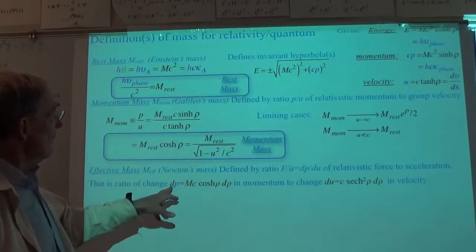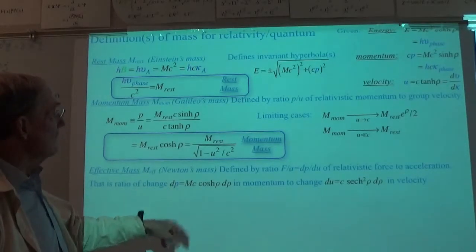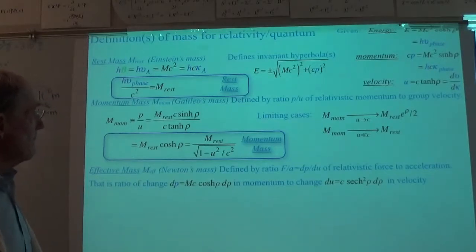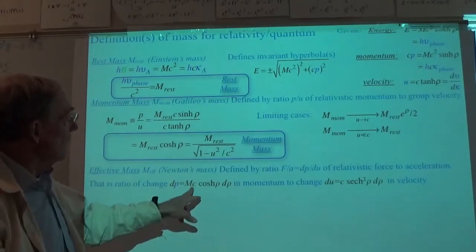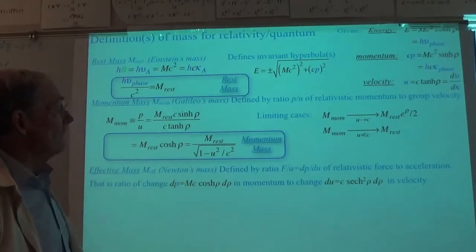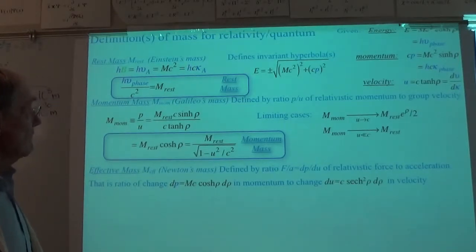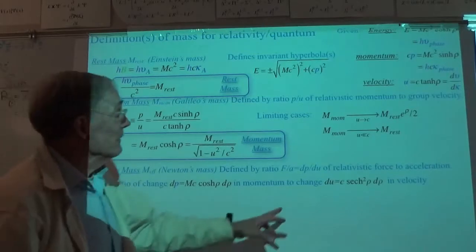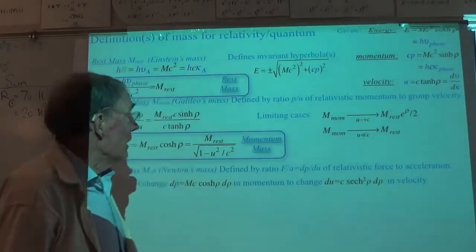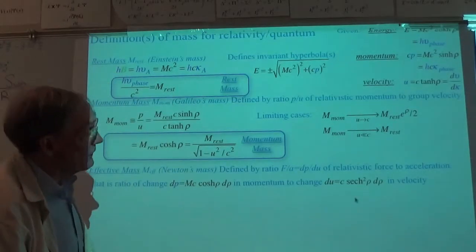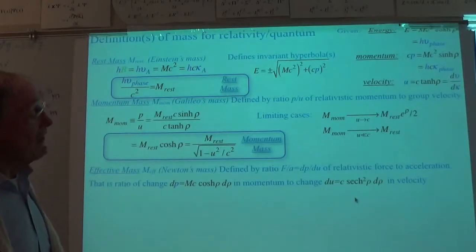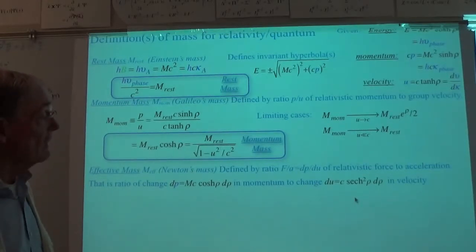I'm going to be doing a dP now, of that, which is the hyperbolic cosine. It takes the sine into a hyperbolic cosine. So that's for that differential. And for the change in velocity, the d of the hyperbolic tangent is the hyperbolic secant squared.